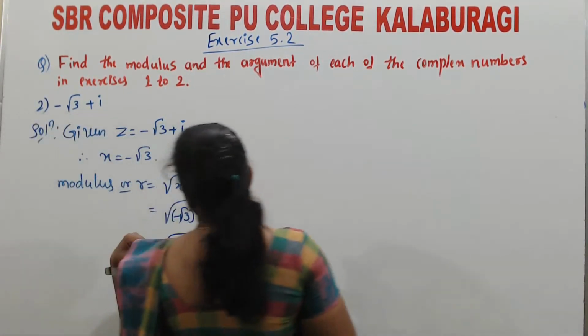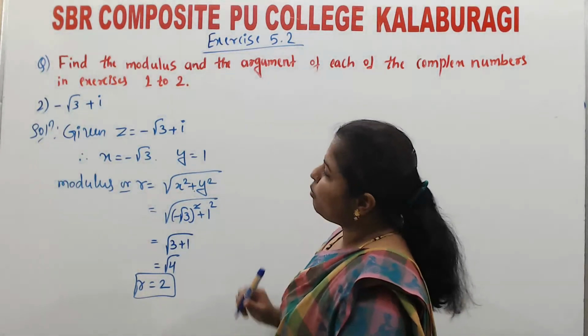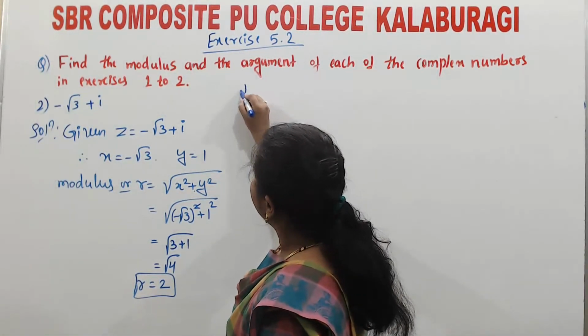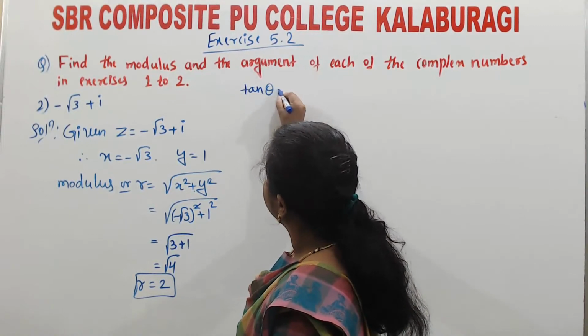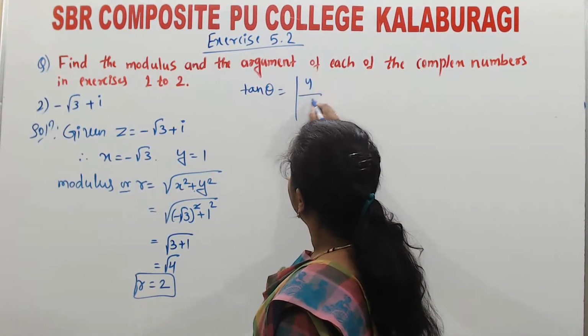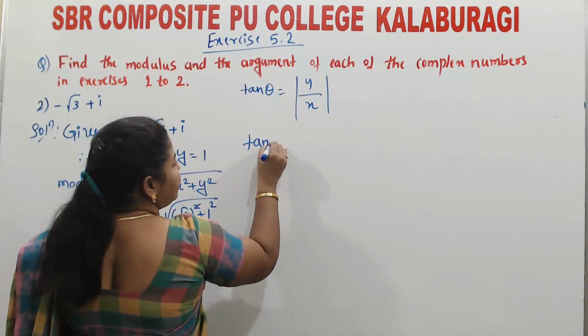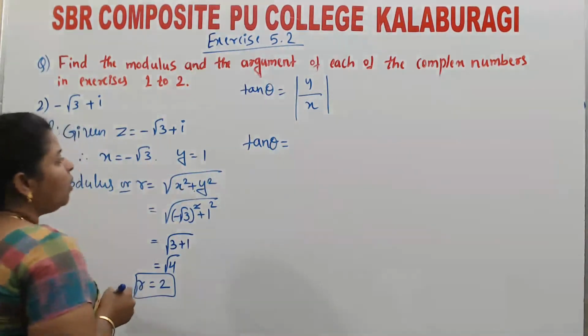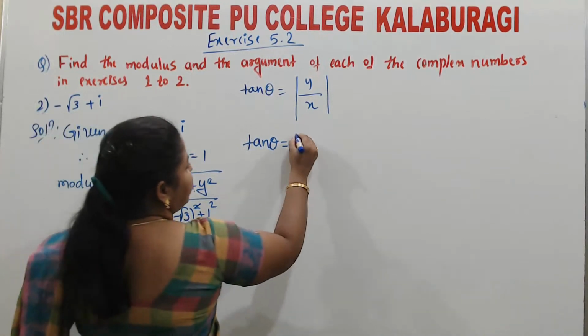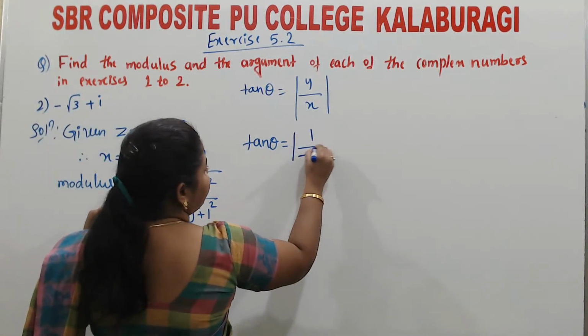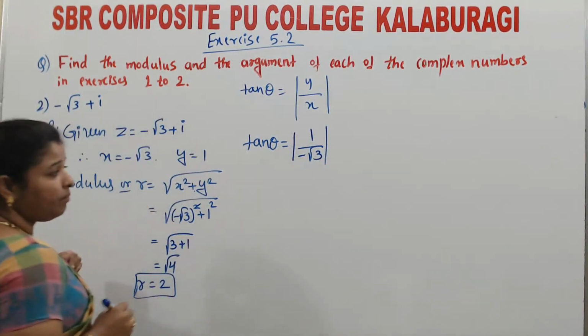Next, what we have to find? We have to find the argument, right? For finding the argument, first we have to find the value of theta. Tan theta is equal to y by x, or tan theta is equal to, what is the value of y? y is 1 divided by minus root 3.